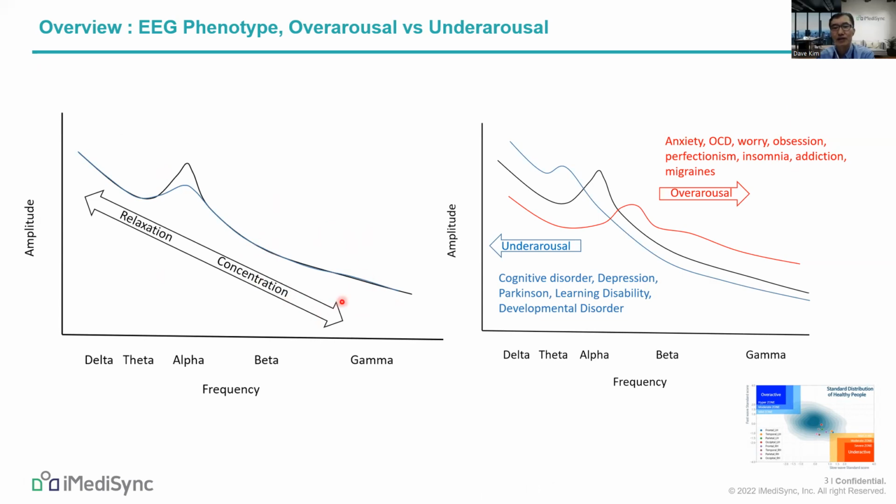And alpha power is usually stronger in the back of the head because the frontal lobe is busier in a healthy normal condition. At this point, we can define two EEG phenotypes. One is overarousal, and the other is underarousal. In the underarousal phenotype, alpha peak frequency is decreased.